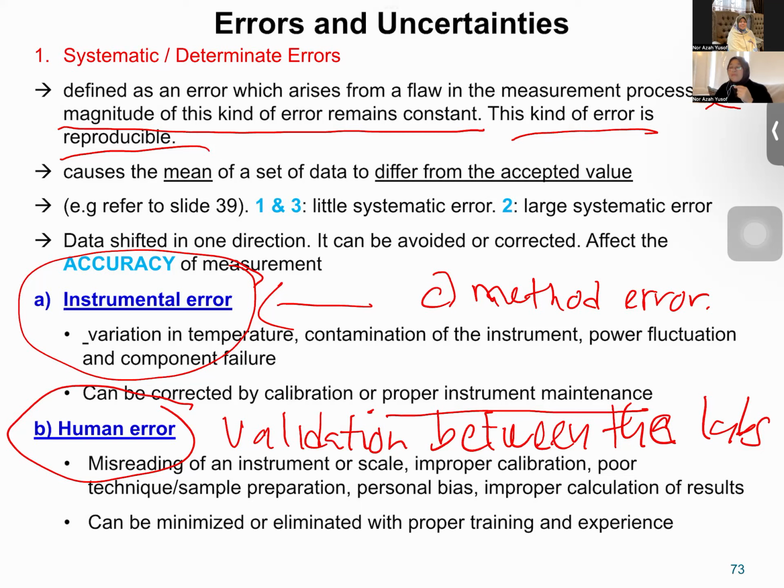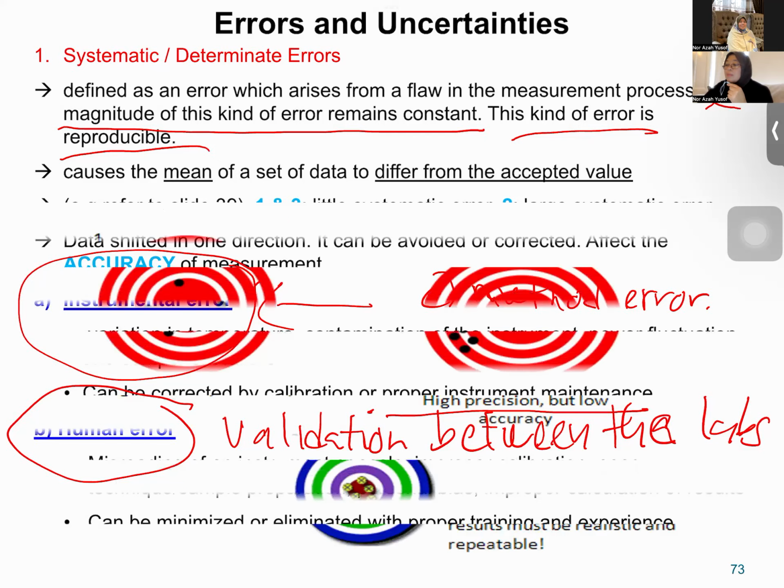If you send for proper maintenance, then the machine should be fine. If human, you train them well, and once in a while you validate your data with other labs, then you know that the operator is good, is very efficient because you get the same results. But method error, if you choose a wrong method, you end up with a wrong conclusion. Okay, so very important.